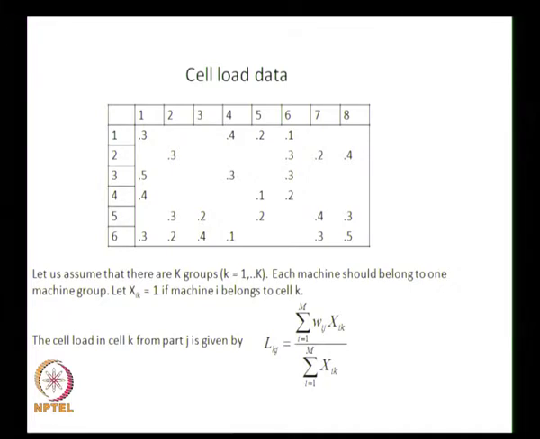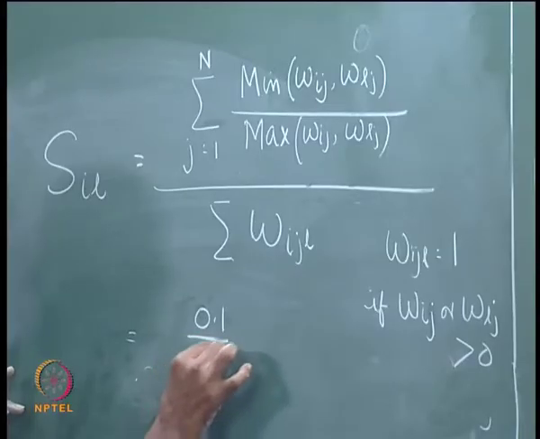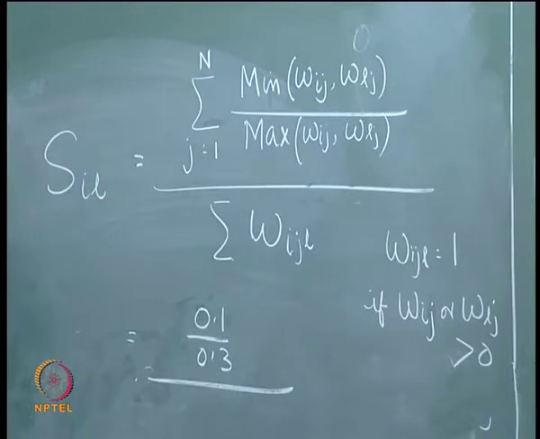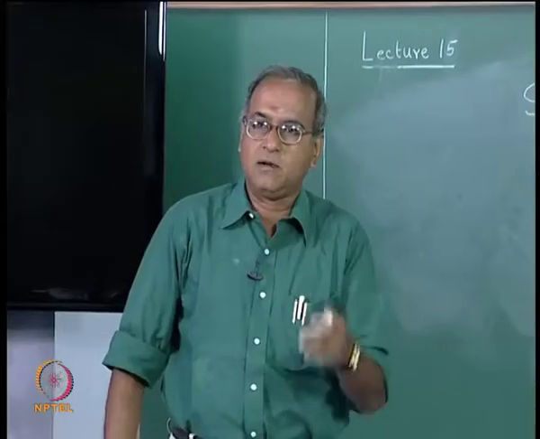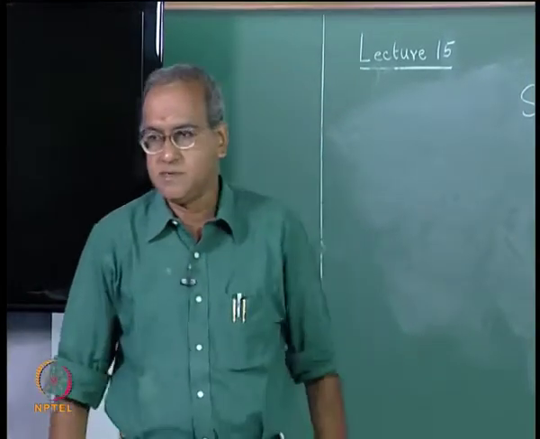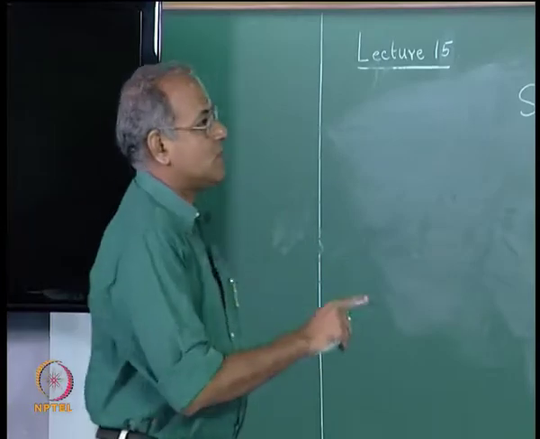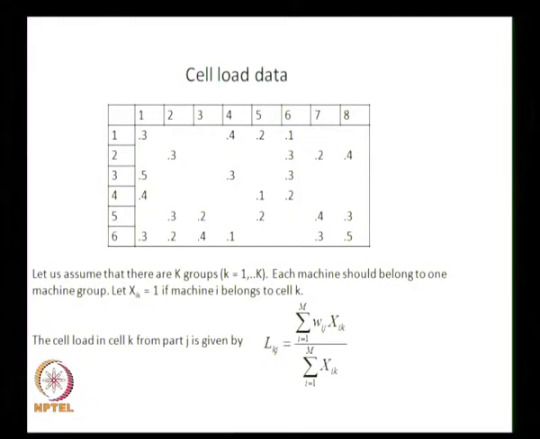So this numerator part alone is equal to 0.1 by 0.3. The denominator is contributed by parts that visit both the machines or parts that visit one of the machines. So the denominator contribution comes from parts 1, 2, 4, 5, 6, 7, 8. Part 3 does not visit.